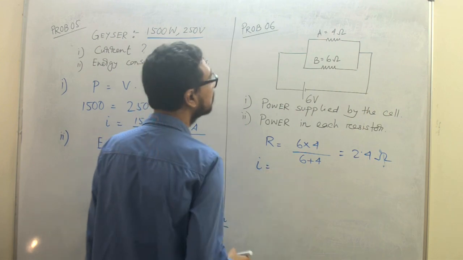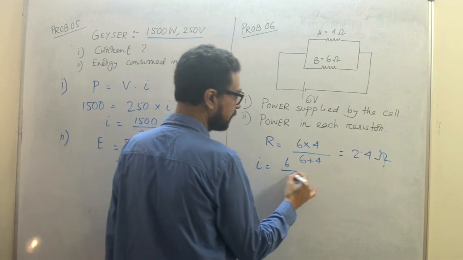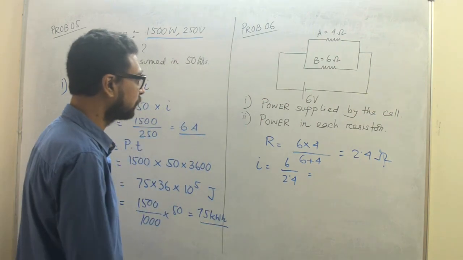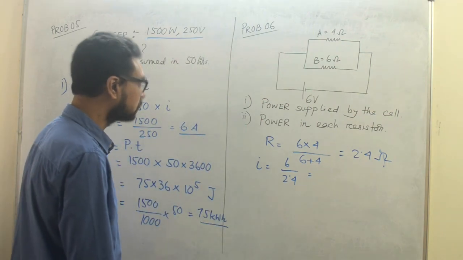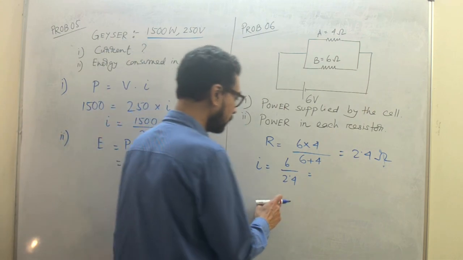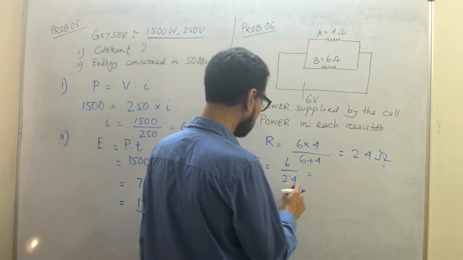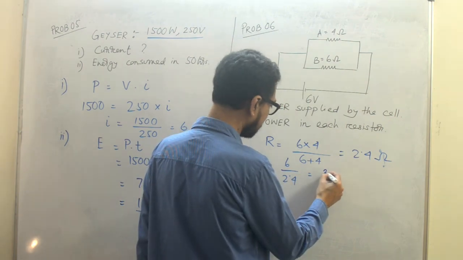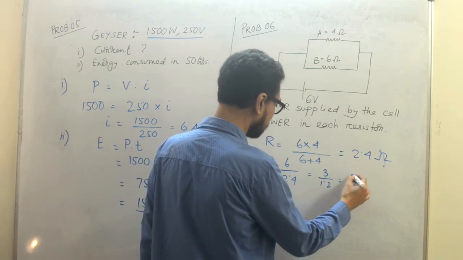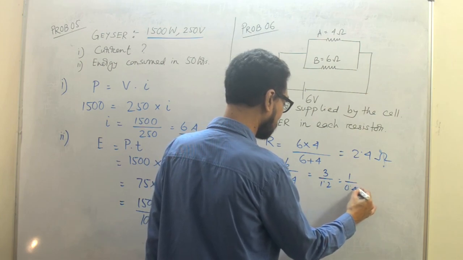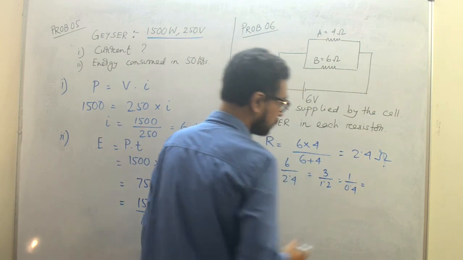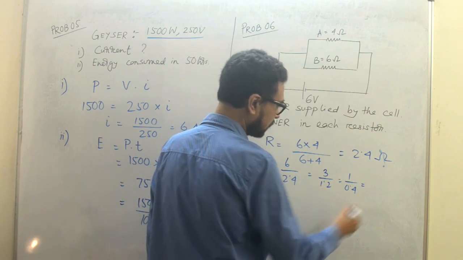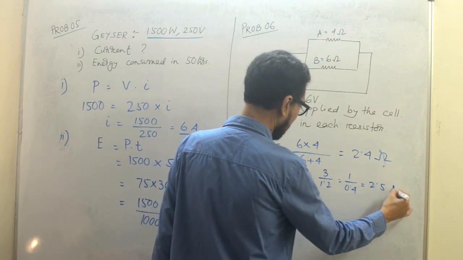So what is the current? V by R, 6 divided by 2.4. If I cancel it, it will be 3 by 1.2, so from here we can calculate that it is 2.5 ampere.